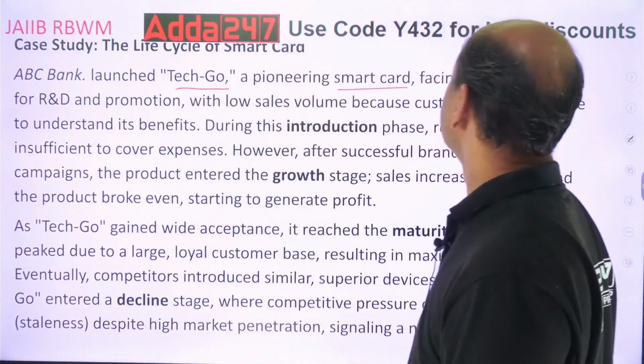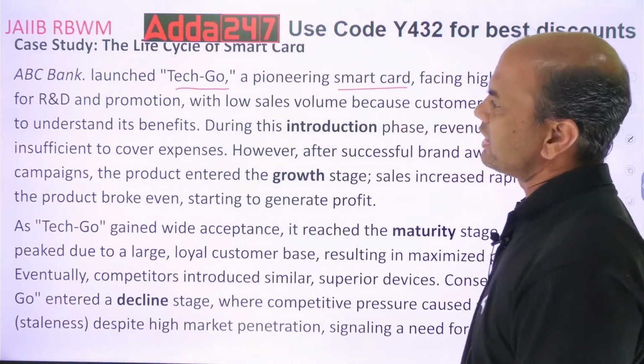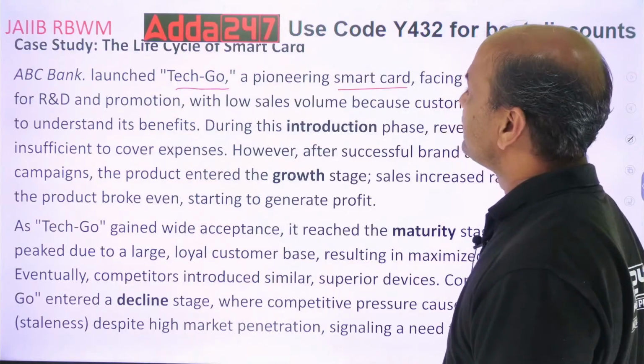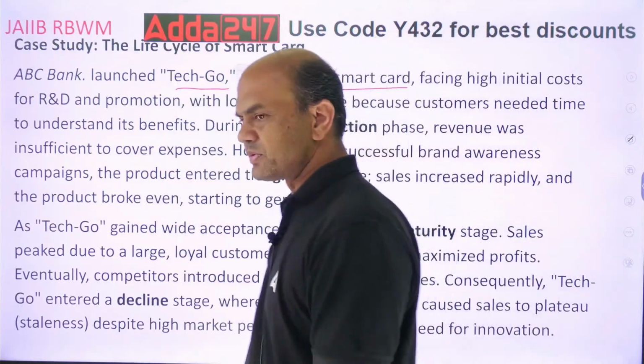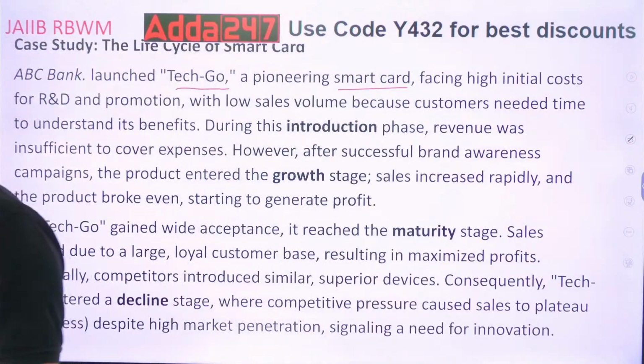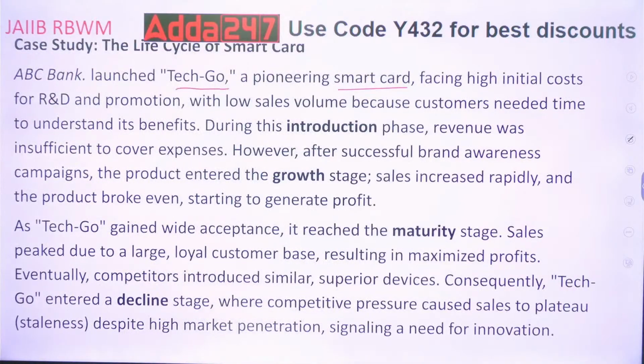Okay, facing high initial costs for R&D and promotion with low sales volume because the customer needed time to understand the benefits. So first they did the R&D, promotion, and the customer needed time to understand because this is a smart card.